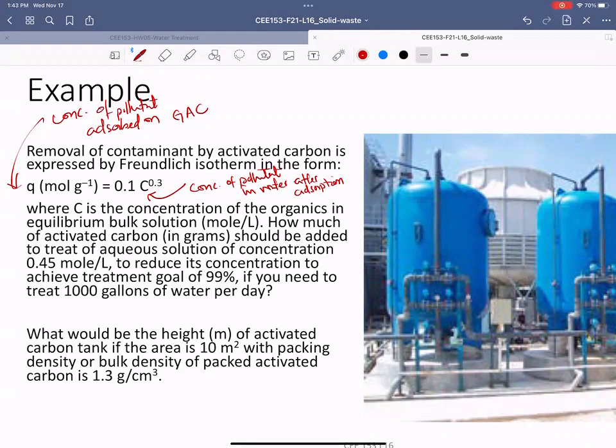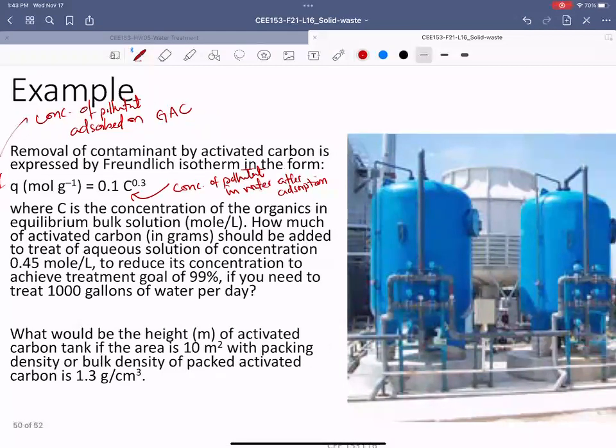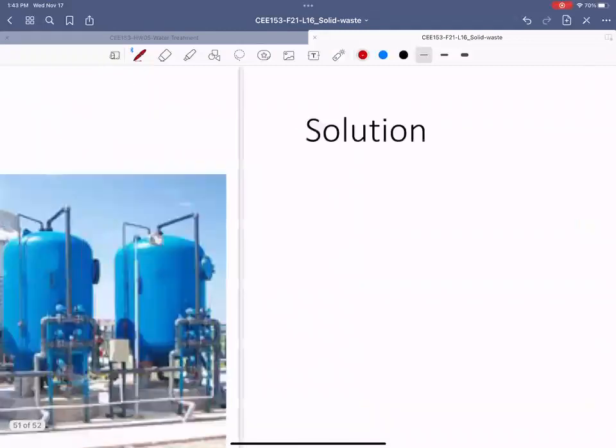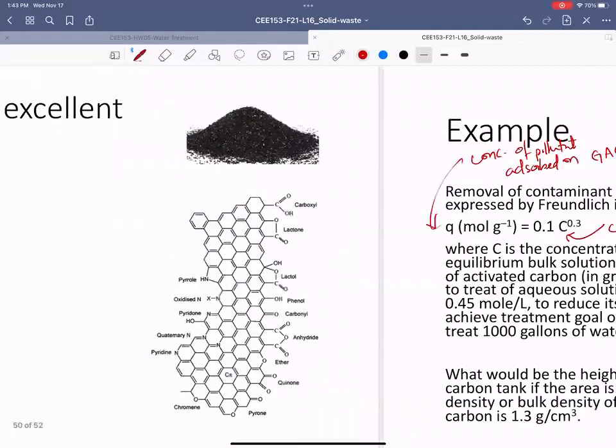It says, how much activated carbon should be added to treat an aqueous solution of concentration 0.45 moles per liter to achieve a treatment goal of 99%. Okay, so I'll write what is given here. So this is your treatment goal.